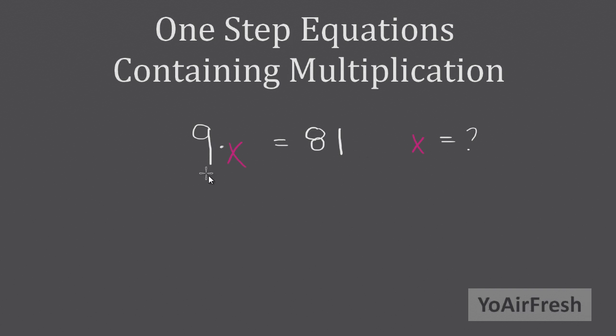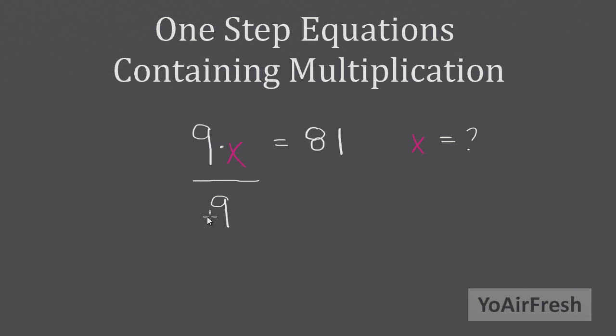In order to get the x by itself, or to isolate the variable, we would need to divide this term by 9. Why 9? If we divide 9x by 9, we're going to just get x, because 9 divided by 9 is 1. So these would cancel out and leave 1x, which is the same as x.